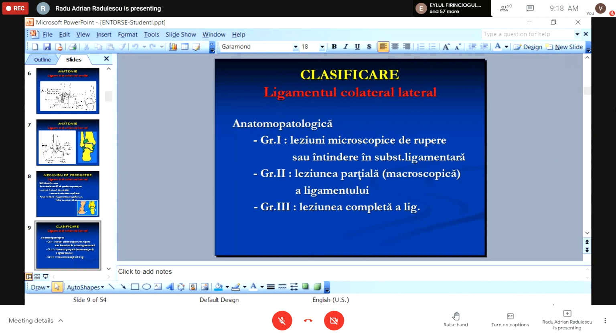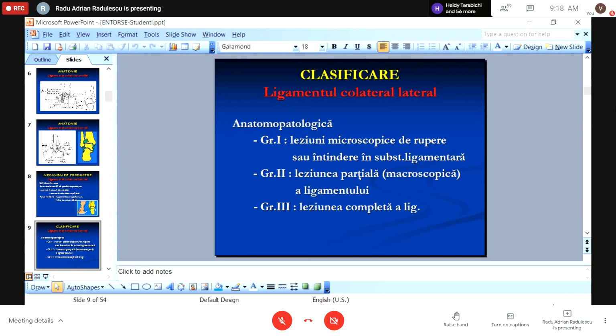We can even appreciate that in our description by percentage. So we can see that the ligament was torn 50% of its structure, 30%, 70%, and so on. That's a description which helps us to indicate the appropriate method of treatment.